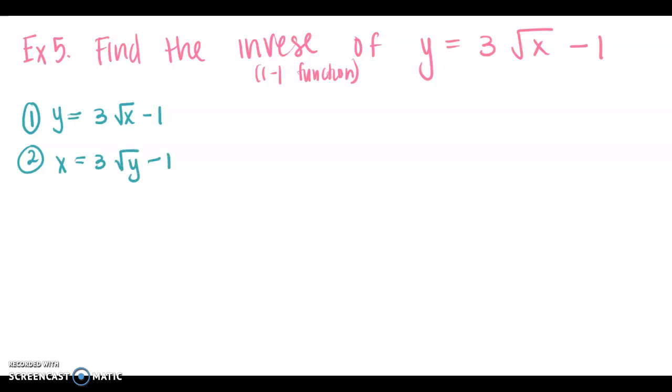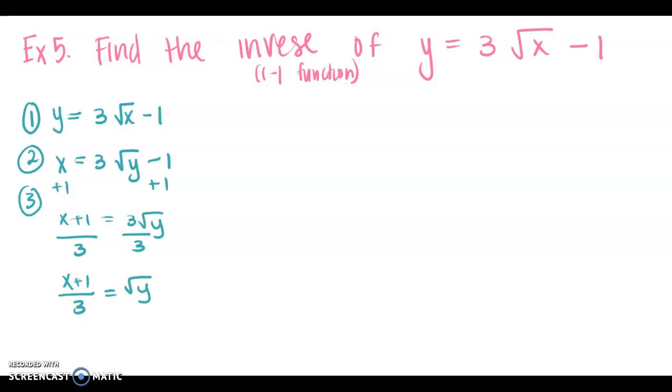Alright, so next we're going to go ahead and have to isolate the y. So I'm going to add 1 to the other side. And then divide by 3, divide by 3, and then square both sides.